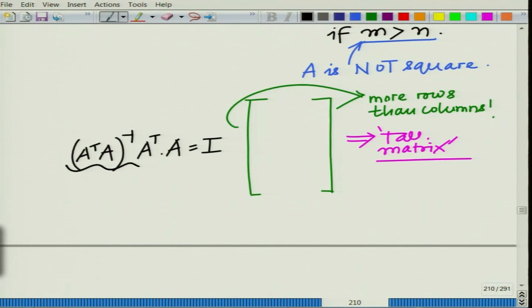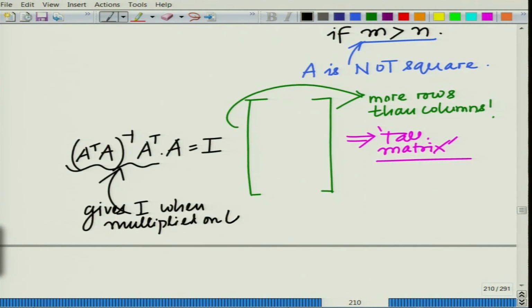Since it gives identity when multiplied on the left, this is termed a left inverse of A, because on the right it does not give identity.